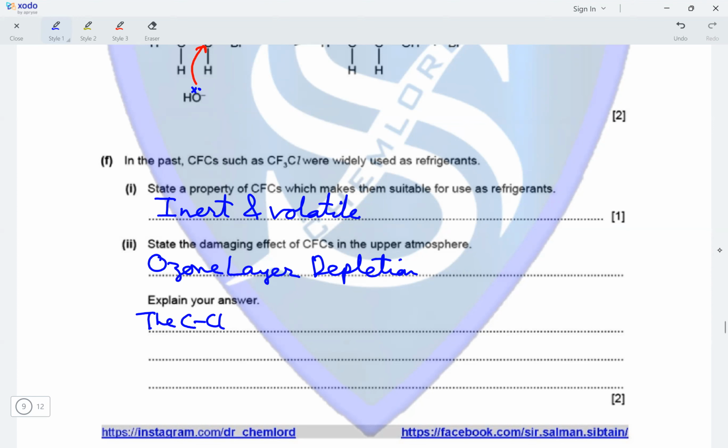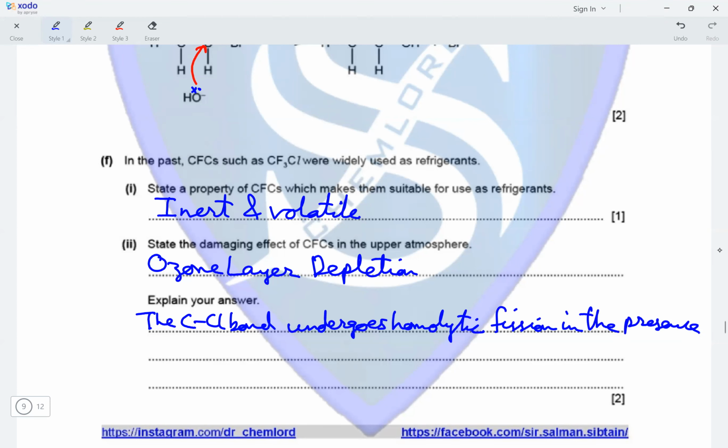The C-Cl bond undergoes homolytic fission in the presence of UV light, forming chlorine free radicals.